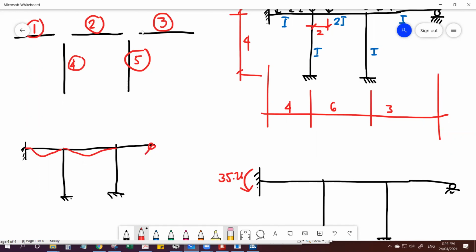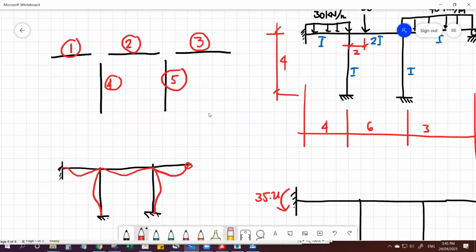So this has rotation here. Then the column will deflect like this, maybe something like this. So that's the assumed displacement curve.